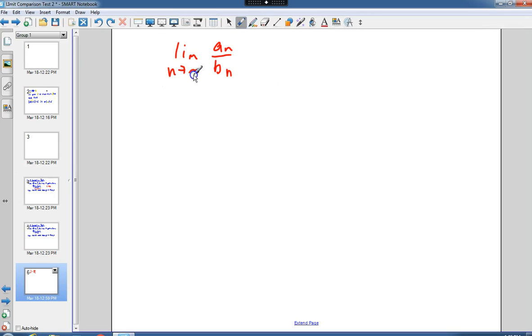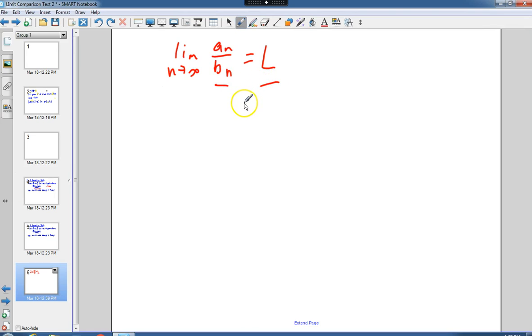Now, this is going to be a little bit different than the definition I just gave you for the limit, in the fact that infinity isn't a real number, so when we have this type of limit, basically we have to find a value of epsilon, or if we're provided a value of epsilon, we have to find the delta such that we're within epsilon of the limit for n values starting off at a large number, say 1,000 or 10,000 or 1,000,000, and greater, where again this functional value a sub n over b sub n minus L is within epsilon.